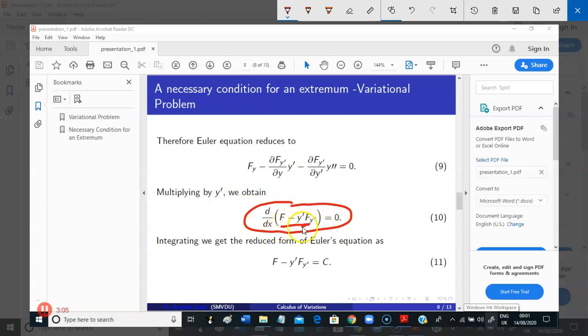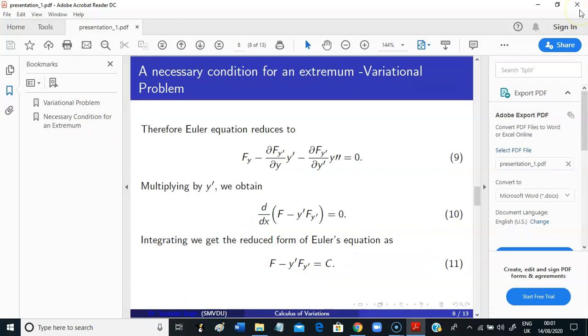Now if the derivative of something is 0, this quantity comes out to be constant. So always remember, whenever you are given some functional where capital F depends on y and y', and x is not appearing explicitly, then you can consider this equation for solution of the numerical problems. So this was case 2.